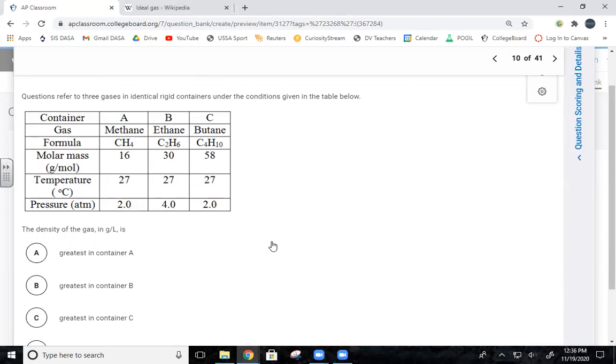So how are we going to do this? Grams per liter. What do you think? Come on, guys, I need you to talk with me here. There's only two of you. Well, the same temperature, and we're using the same gas constant.